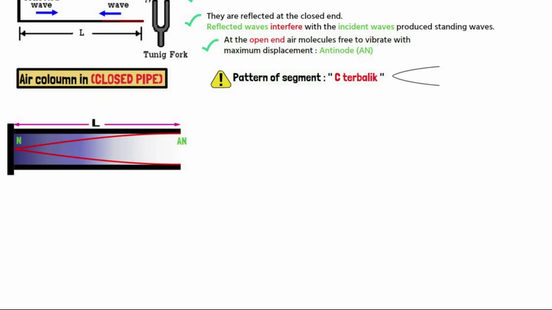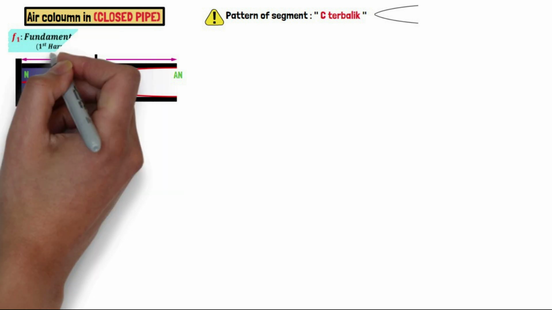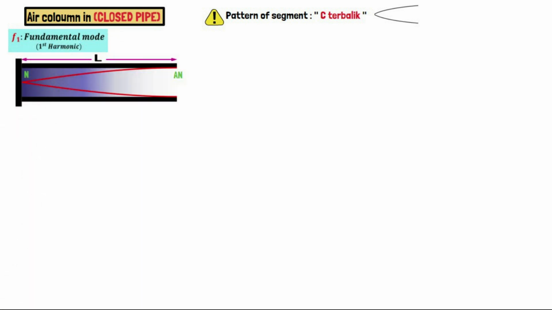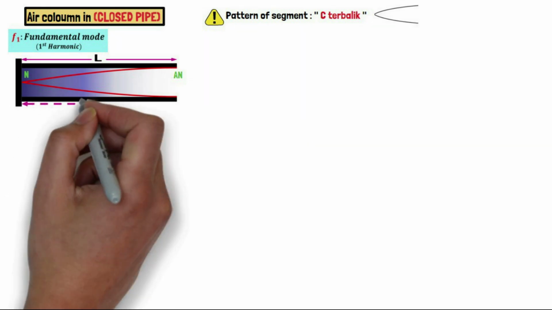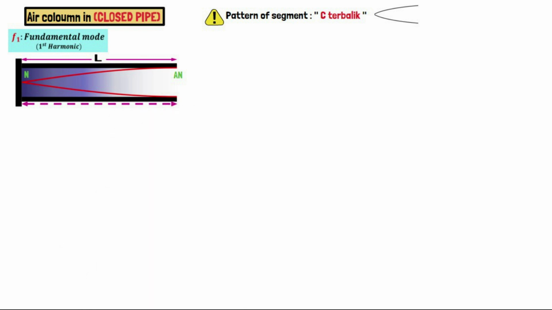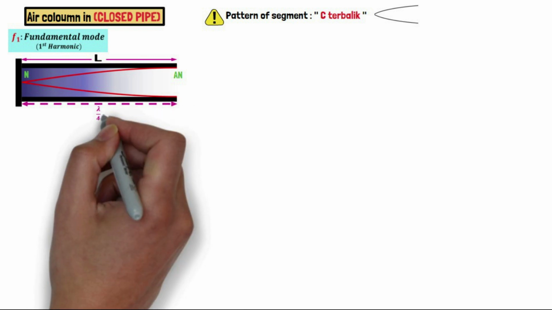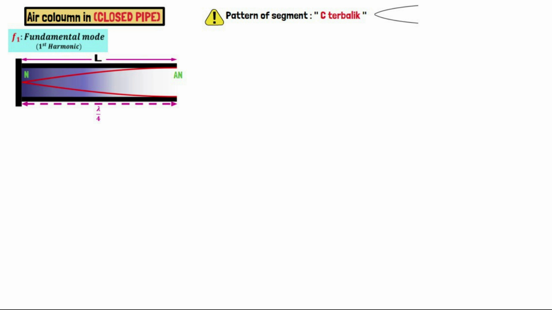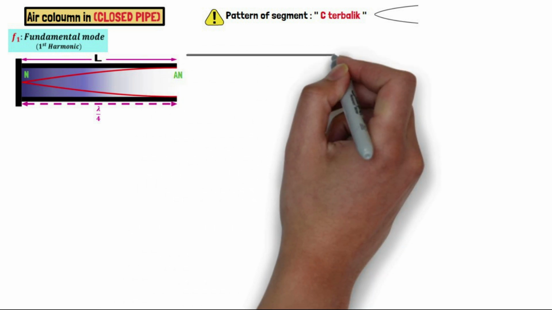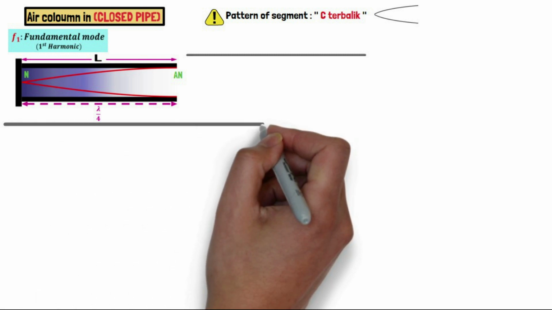Okay, so now let's try to derive the equation of wavelength and frequency for closed pipe. We start with the first one, which is fundamental mode. Dan nama lain dia macam biasa, fundamental mode is first harmonic. Okay, so since the length of the closed pipe equal to L, so kalau kita tengok dekat situ, the pattern of the standing wave produced in the pipe is equal to lambda over 4, iaitu suku lambda. So we can write L is equal to lambda over 4.